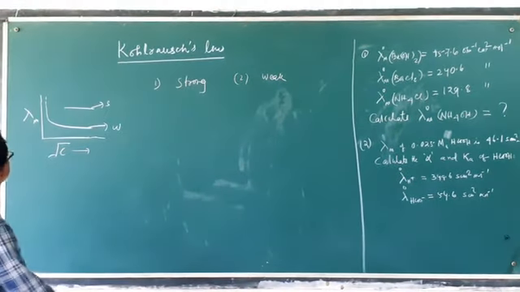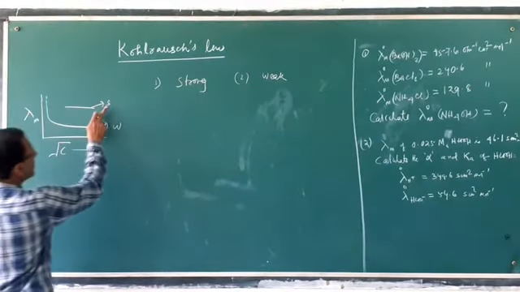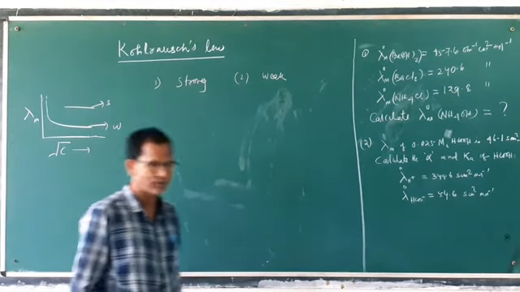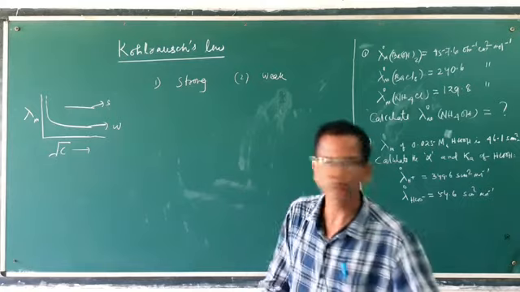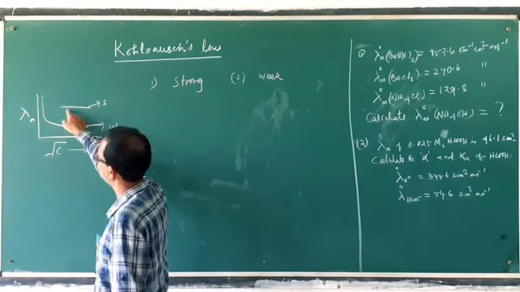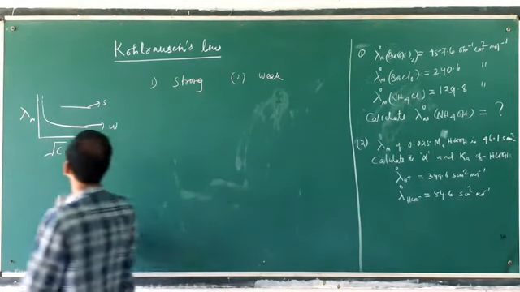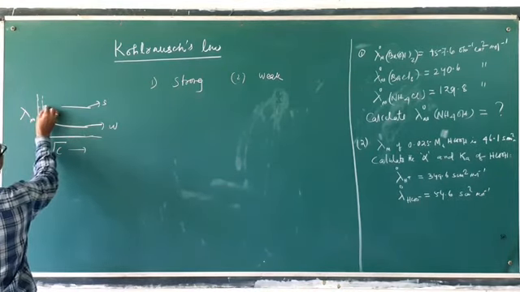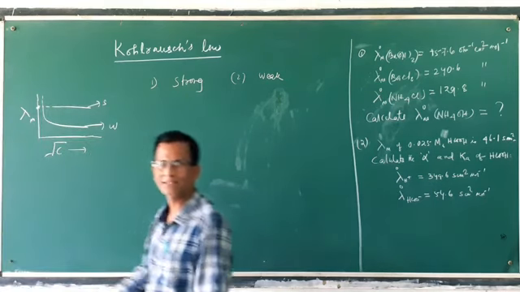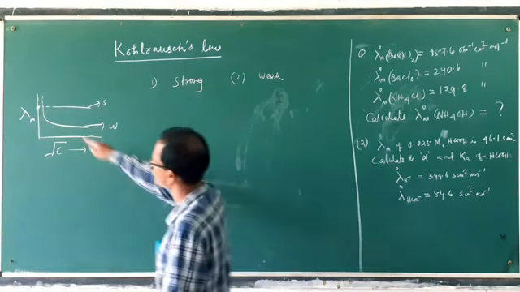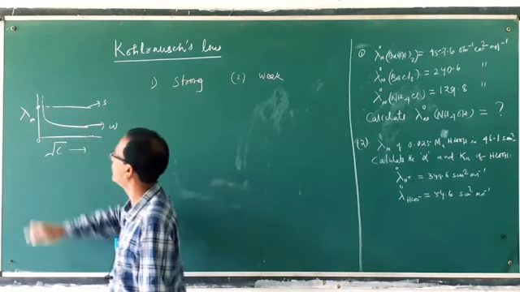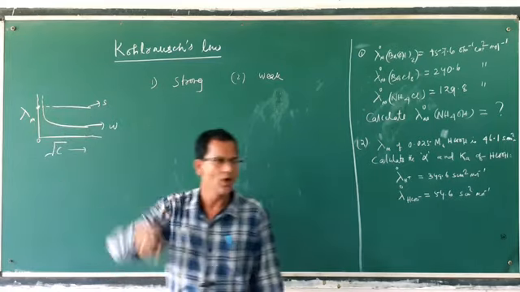Already we have discussed. For strong electrolytes, if you extrapolate the graph, if you extend the graph from the origin towards the lambda axis, you will see it will touch the lambda axis at a particular point. At this point, the concentration is 0.